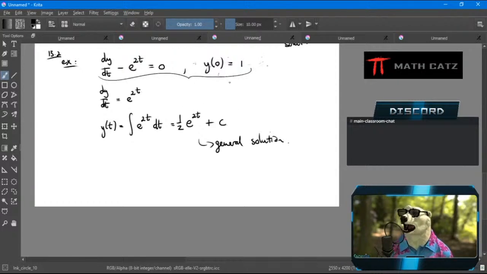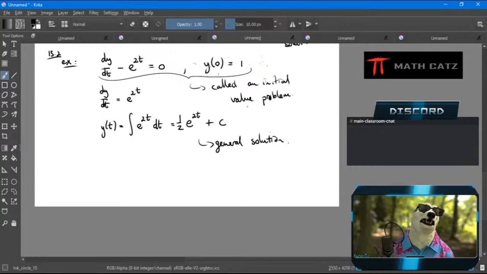These two together are now called an initial value problem. So in case you see somewhere they ask you to solve this initial value problem, it simply means it's a differential equation and some extra information provided.